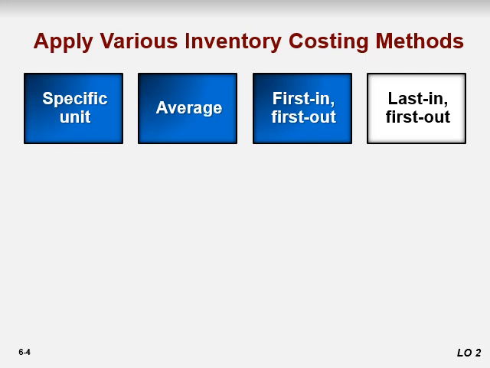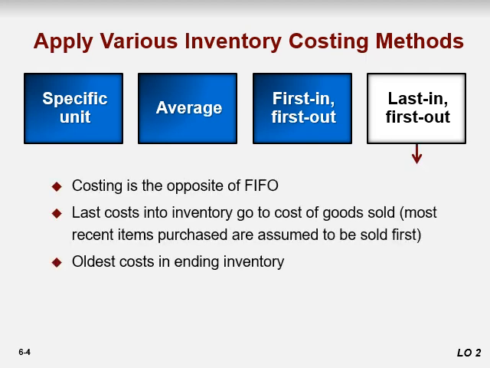Now let's talk about the last one, which is last in first out. Here it is. Last in first out means the item that we purchase last, that we purchase at the end, will be sold first. It is not like a physical inventory method, right?